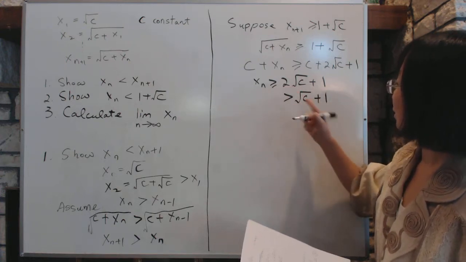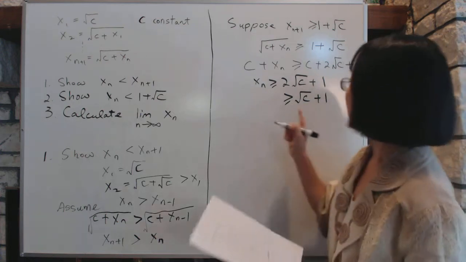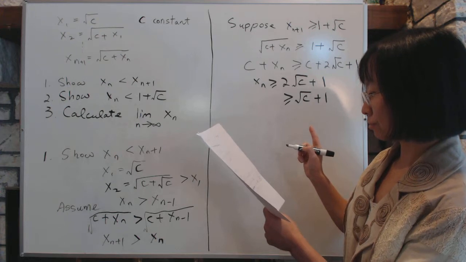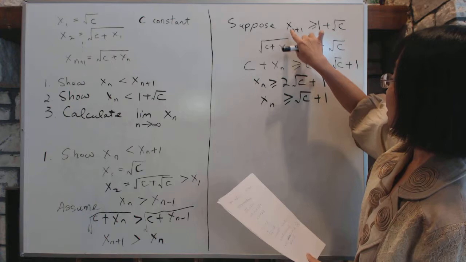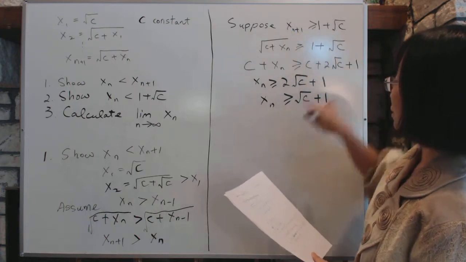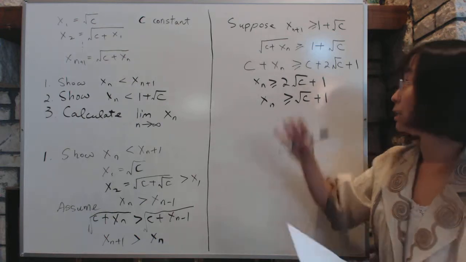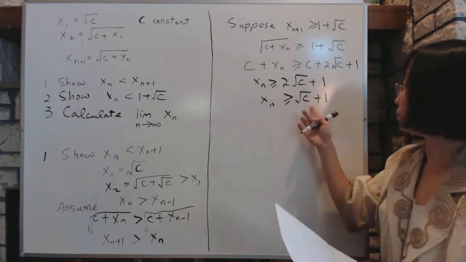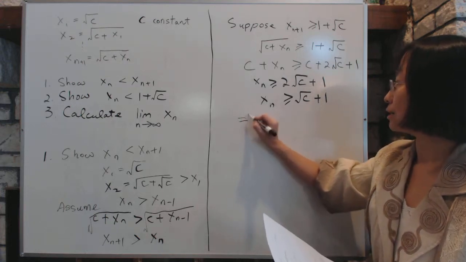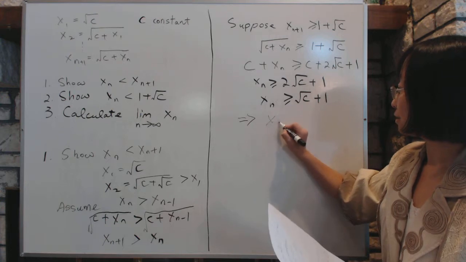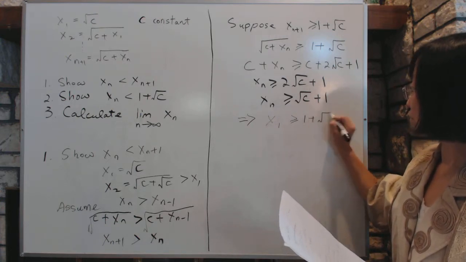So then we have this particular condition. That is, if xn plus 1 is bigger than this number, so is xn. In other words, the deduction goes backward. Each one going back will be bigger than 1 plus square root of c, which will eventually imply that x1 is bigger than or equal to 1 plus square root of c.